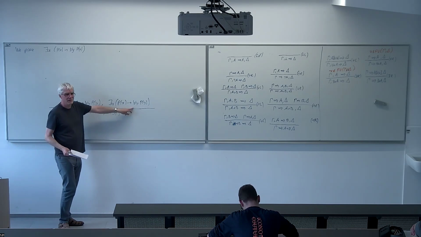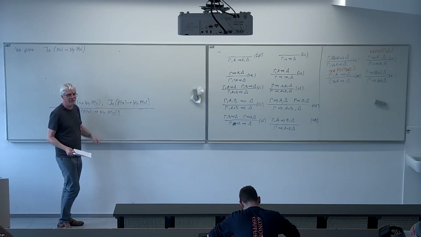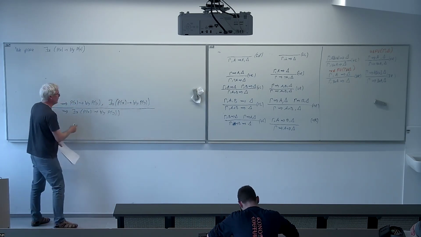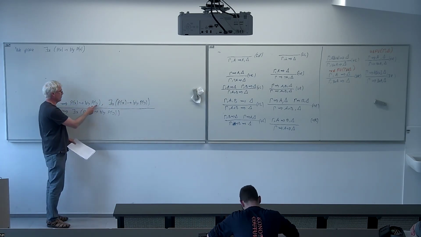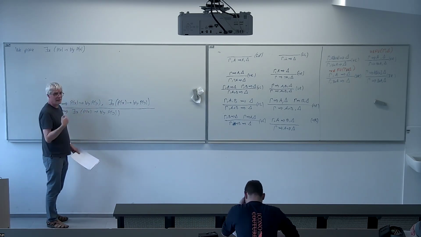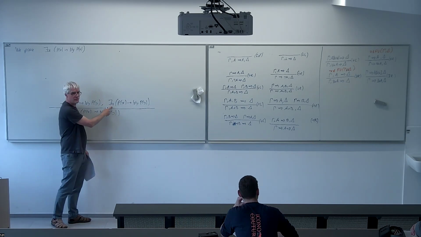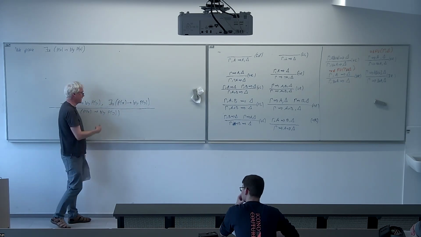But we can still. So it looks like we haven't improved matters for ourselves, but actually we have, because what we can do now is we're going to work with this formula. And after we've worked with this formula a bit, we'll find a suitably chosen term that we can use for this existential quantifier, and then things will work out.